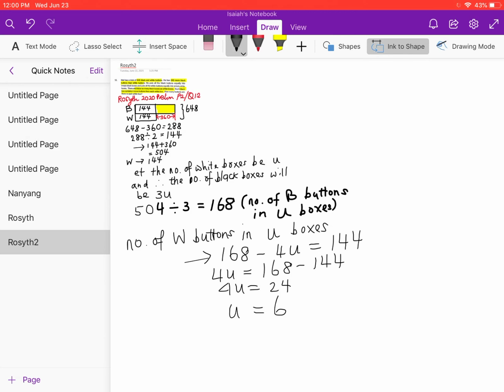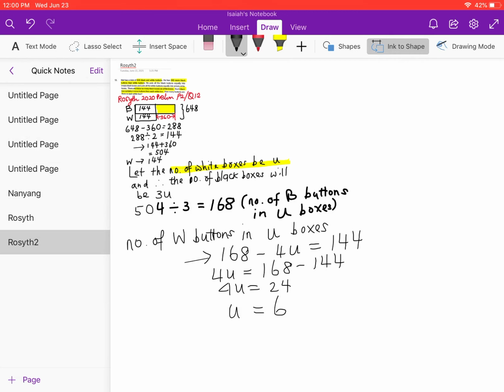So what is U? If we go back to what we have defined it to be, U is the number of white boxes. So now we have calculated U is equal to 6. That means there are 6 white boxes altogether.